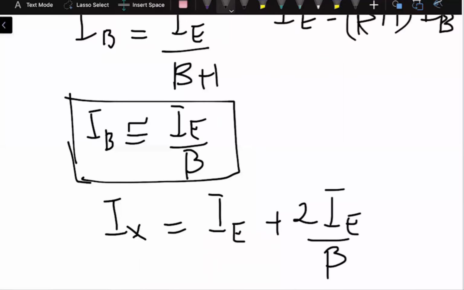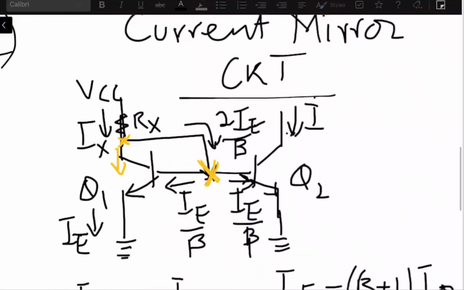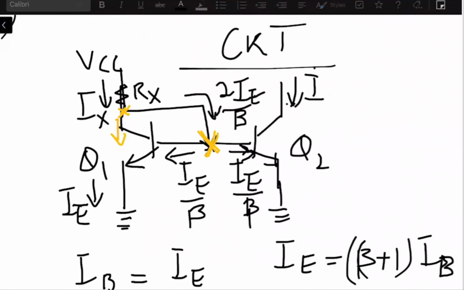Starting from what we have said, we have two transistors Q1 and Q2, right? They are being manufactured on the same chip, so this means they have identical properties. Now, what we want to see is whether the current flowing in one circuit will be mirrored in the other circuit or not.